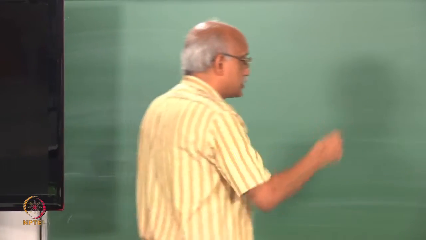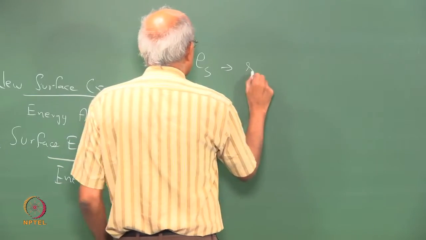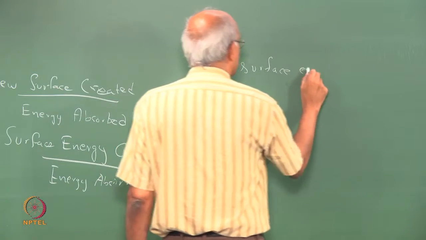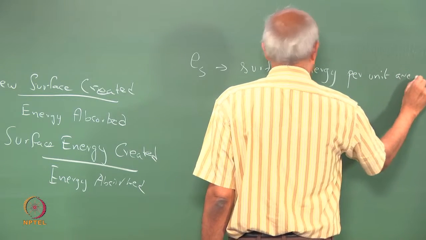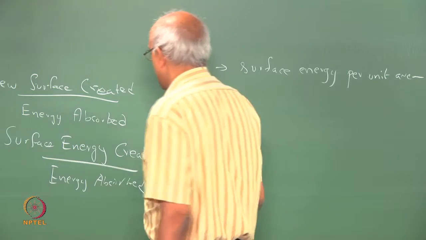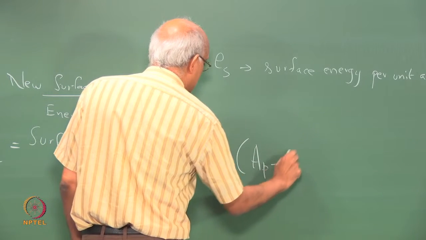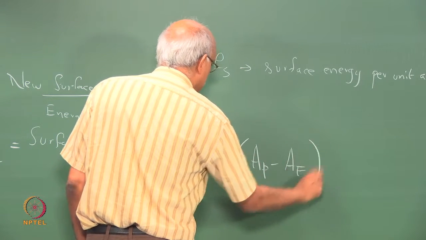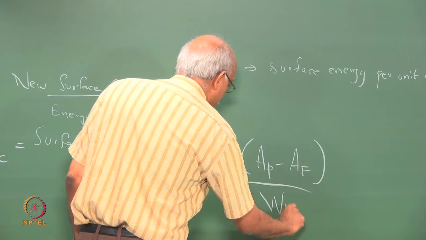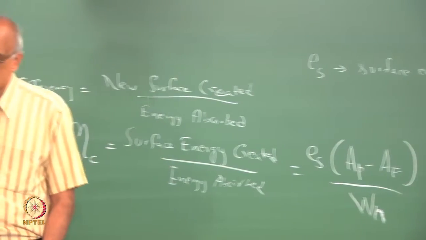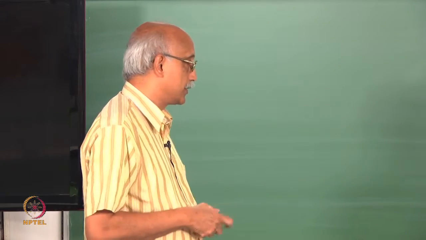So, if you use this definition, you can define a parameter ES, which is surface energy per unit area, then you can write this as ES times total area of the product minus total area of the feed, and you divide it by, let us call it Wn, which is the net energy that is supplied to the material in order for size reduction to happen.